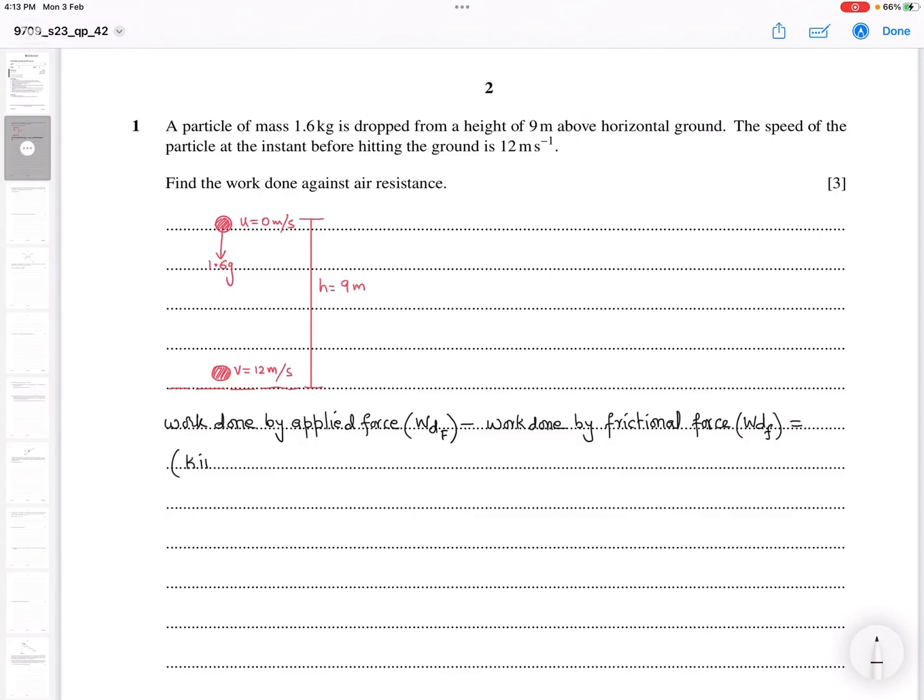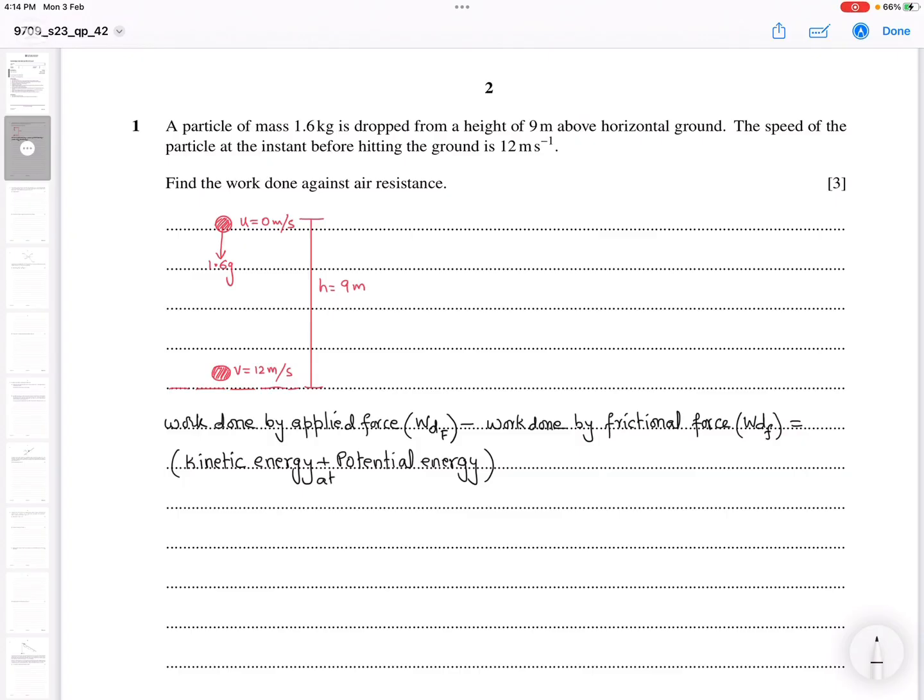kinetic energy plus potential energy at the base.